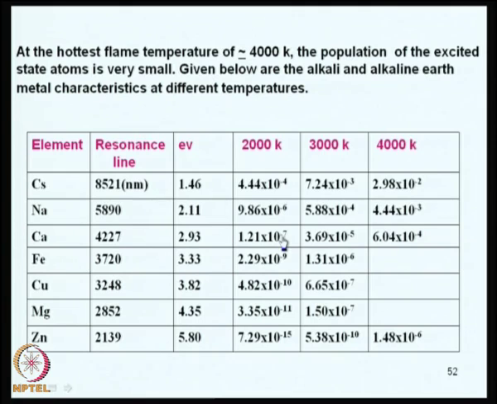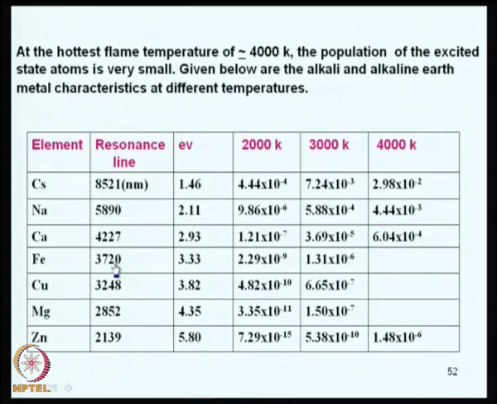That means, out of 10 raised to 7 atoms, you will find only 1 atom in the excited state. Improve it to 3000 degrees, 3.69 into 10 raised to minus 5, that is out of 10,000, 4 atoms. Now, 4000 slightly better.